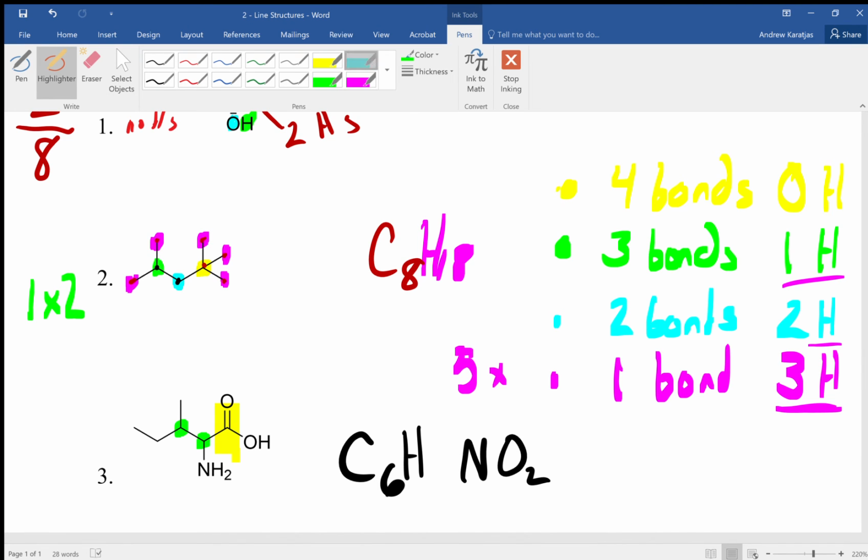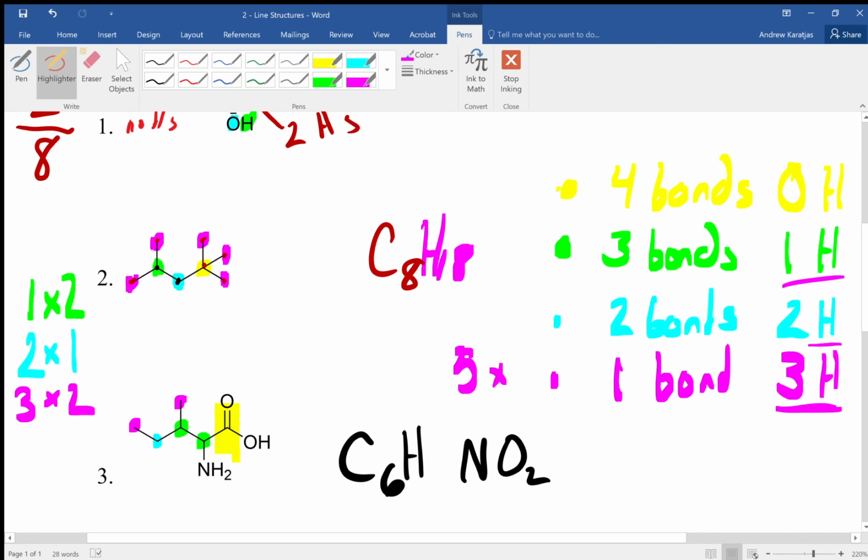Are there any carbons that have 2 bonds? We have this one right here. So that has 2 hydrogens, and there's 1 of them. And then finally, we have the 2 carbons, each with 1 bond, which means they have 3 hydrogens. So if we add these up, you can see we get 10 total hydrogens.